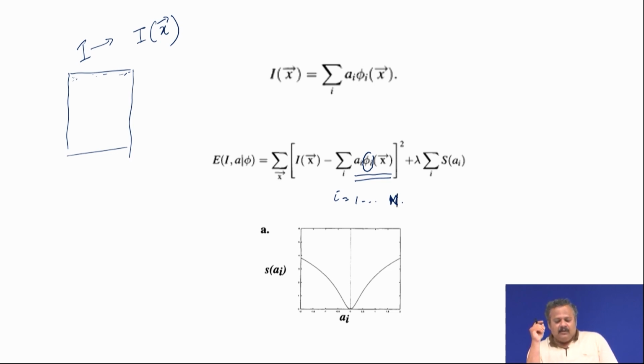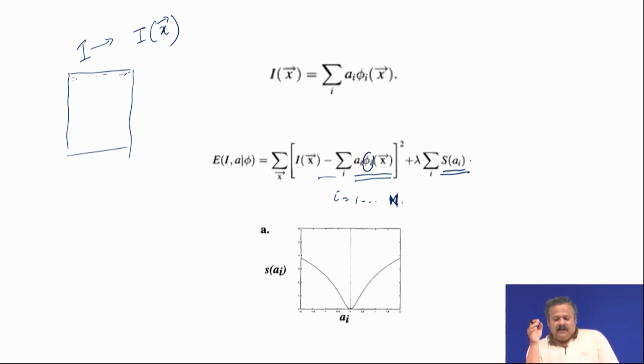These capital N units now have these activities A_i, A1 to A capital N. And for one particular image, the difference between the two is the error in every pixel. The mean squared error is represented by squaring that term and summing over x. And they additionally have the term S(A_i), which is a penalization of incorrect sparseness.